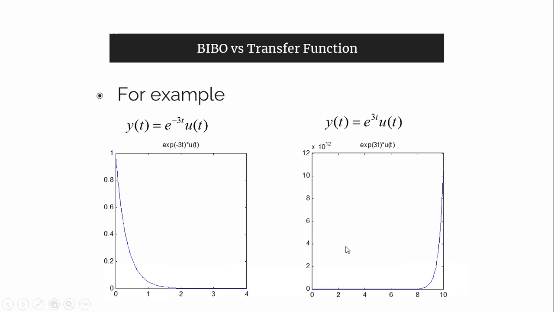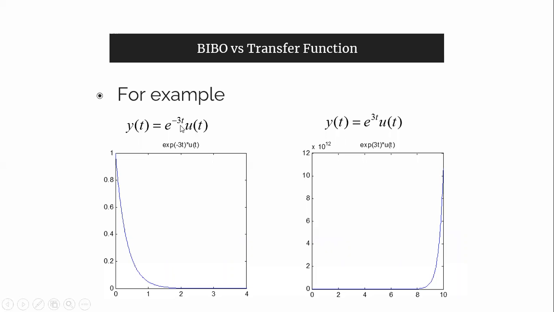With the help of the software, in the practical way, you can easily identify whether you are going the proper way or not. So y of t is equal to e raised to the power 3t into u of t. See here, they have given two examples to show the difference. Output is equal to e raised to the power minus 3t, because in the previous one s minus 3 is equal to 0, and here s plus 3 is equal to 0.